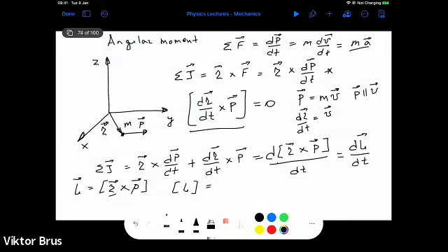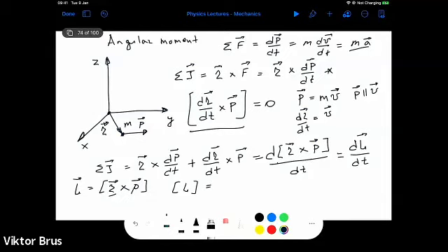Okay, so now we need to consider, so this is just some particle with mass m, which is rotating about axis z.